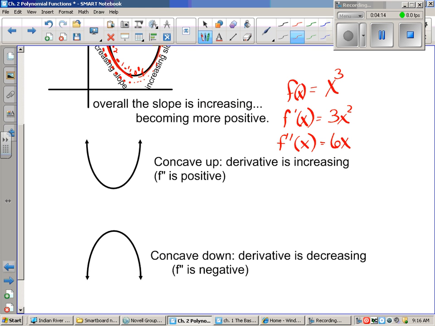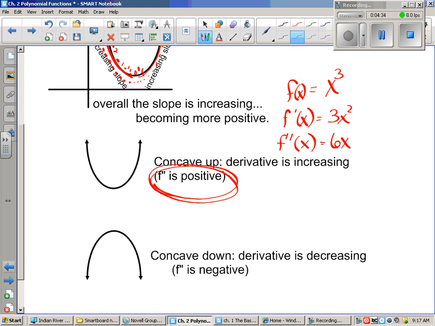We can use that second derivative to describe the concavity. When our second derivative is positive, it tells me that it's concave up. The derivative is increasing. In other words, it's looking at the slope of the derivative. I know that's kind of crazy, the slope of the slope.